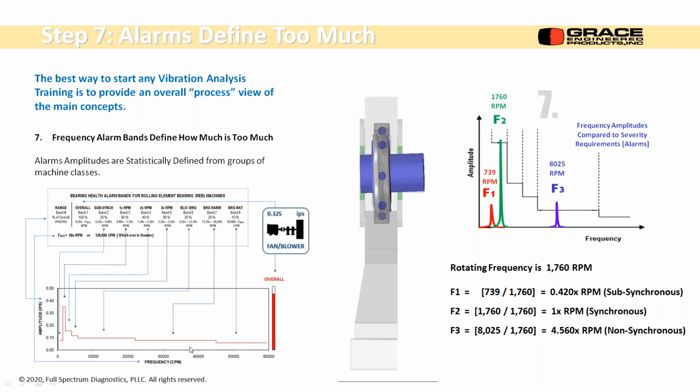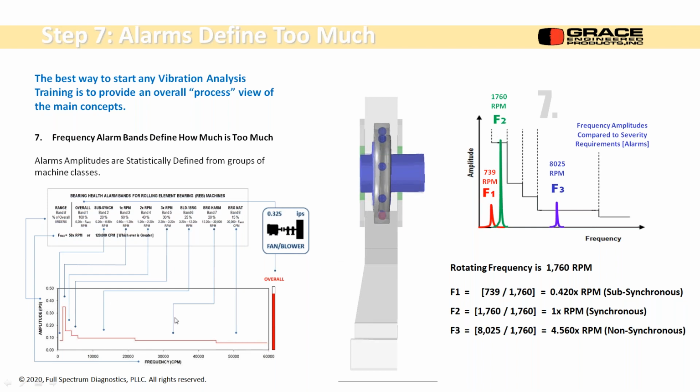So we set this up with an idea of how machinery fails. If it's 1 times RPM, turning speed of the shaft, or some small harmonics of that, they're going to be a threshold type alarm. When we get out here, the way bearings fail, the alarm amplitude is very small. So we're trying to pick out really tiny peaks, basically, out of the spectrum and apply alarms to them.